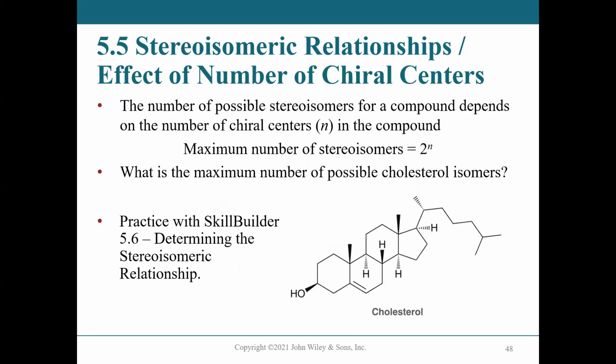The next slide says the number of possible stereoisomers for a compound depends on the number of chiral centers. So you have to first identify the number of chiral centers to get the maximum number of stereoisomers. There are 2 to the n. So what is the maximum number of possible cholesterol isomers? Let's try to figure that out. We have 1 here, 1 here, here.